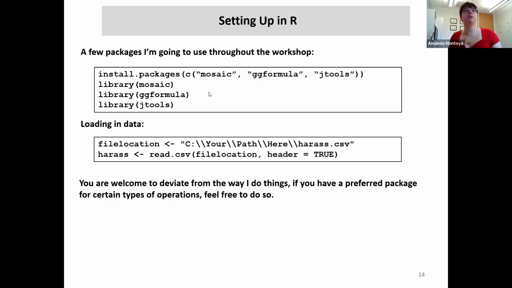So you may want to install these packages now so that you have them running. And again, to load your data, you can save your file path or just put it into the read.csv function. Especially in R, but also in SPSS and SAS, there are usually multiple ways to do the same thing. So if you have a preferred way, feel free to deviate from my way. I'm just here to give you some way to do something.